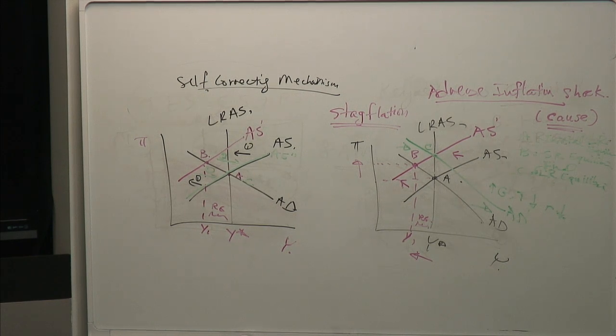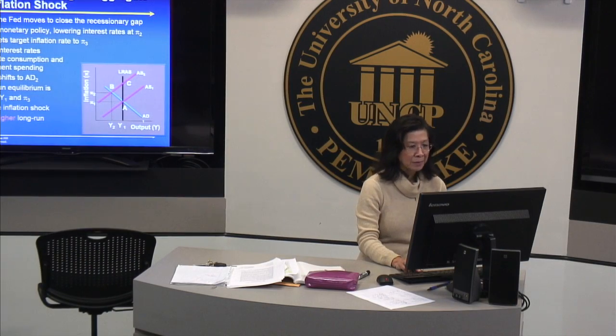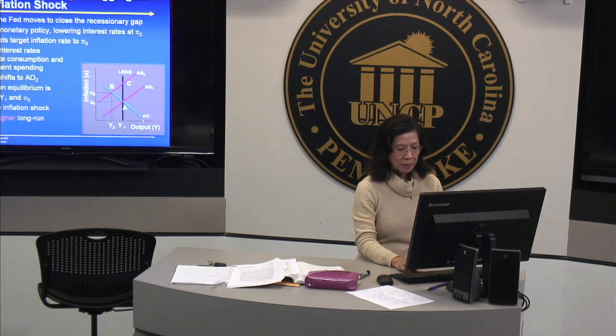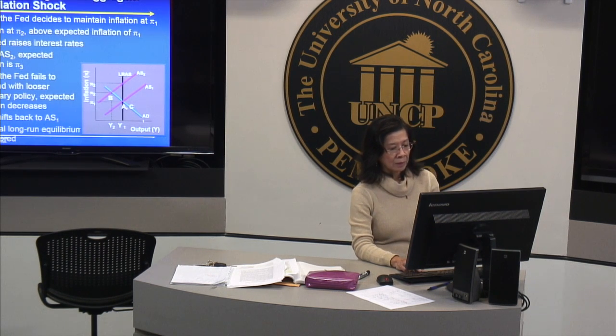Would you like for me to do the other way, or do you want to do it yourself? I could do this as an exercise. Okay, so this is accommodating, which I already explained here. That was over there on the right side. And if you do nothing, then it comes back to point C, which is what it is here.